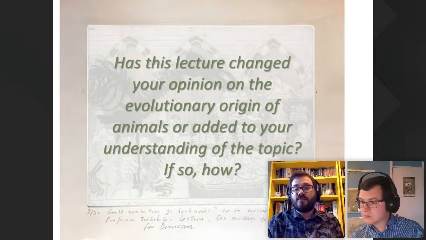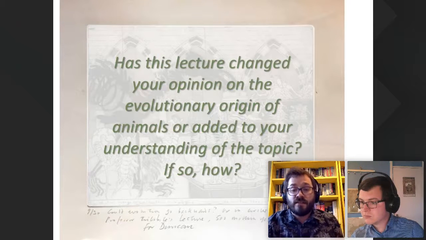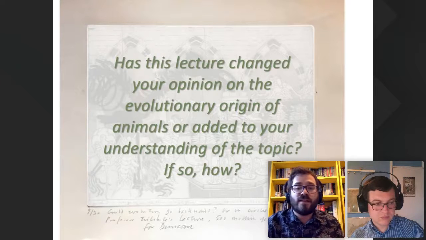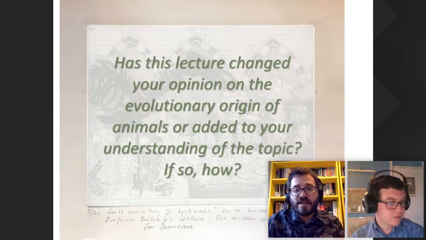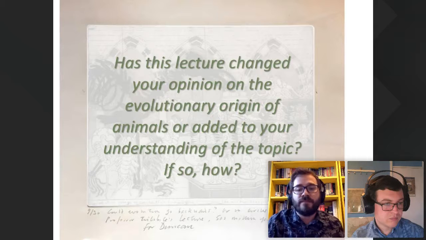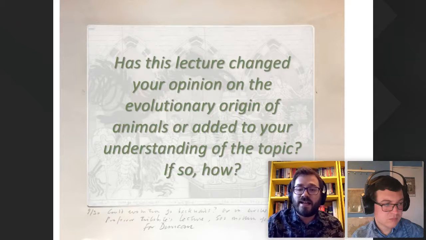So there's this Doushantuo Formation in China that you mentioned, where you get these three-dimensional fossils of little balls of cells that look like they're dividing embryos. And there's been a waxing and waning of opinion about what these things are. Some people suggest that they're the earliest animal embryos.